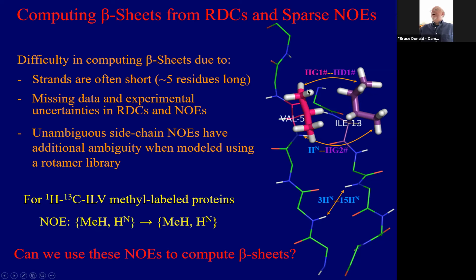So we might know something about that NOE, but we haven't yet assigned the rotamer. If these rotamers can really be in different positions, that can change the packing here in some sense.